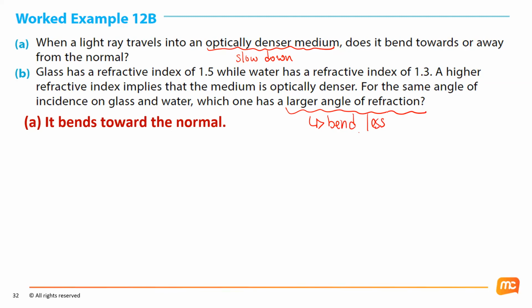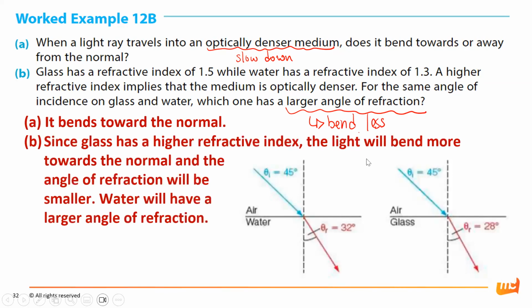To bend less, I need a lower refractive index. Air to glass will bend more because glass's refractive index is more than water's, it is more optically dense, so I'll bend even more. When I bend even more, my r will be smaller. So to bend less, I need the smaller refractive index of 1.3.